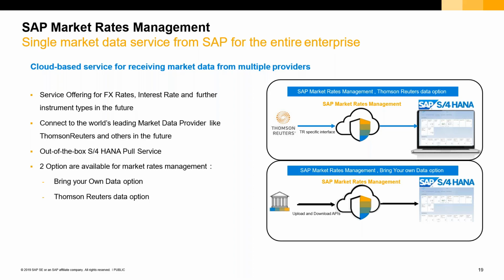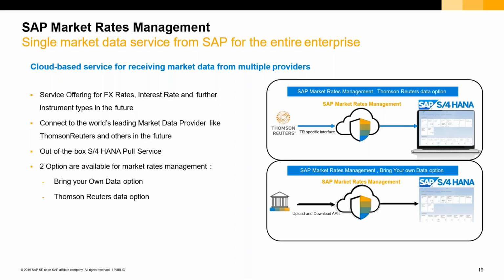We have standard integration with Thomson Reuters. You have the ability to sign a single contract with SAP and get all the data that is provided by Thomson Reuters, or you have the option to bring your own data where you use SAP apps to connect to external data providers. In this case, if you're using data from, say, Bloomberg or some other party, then you can use the second option as well.